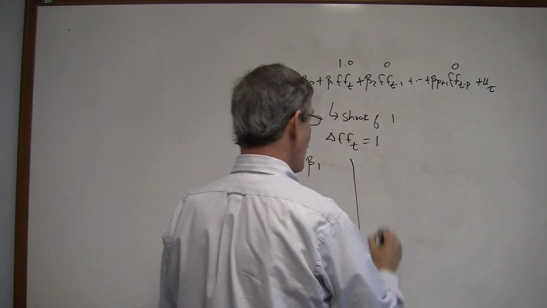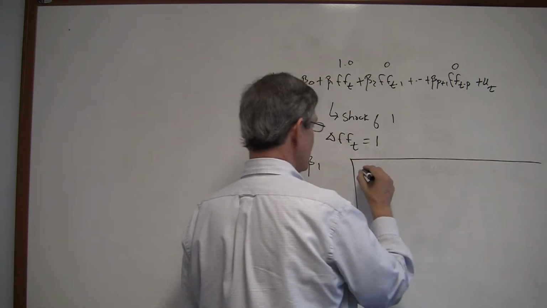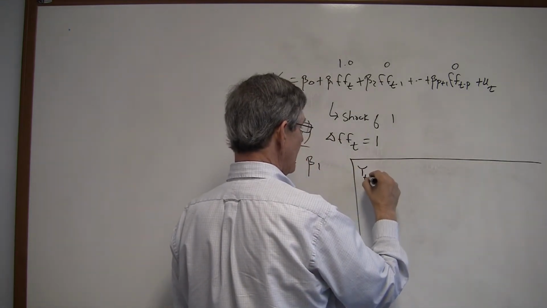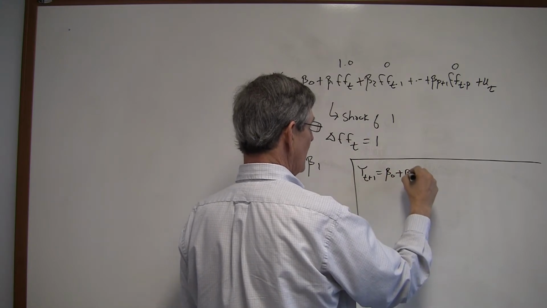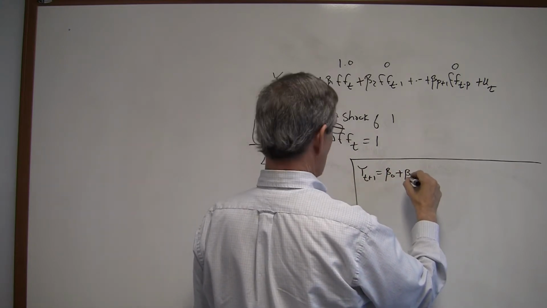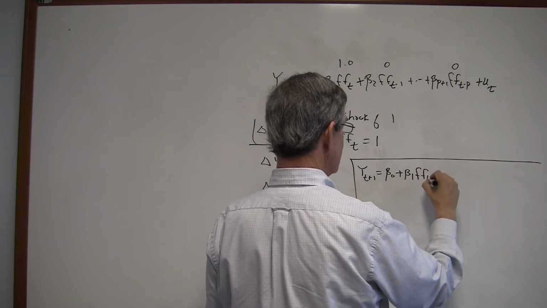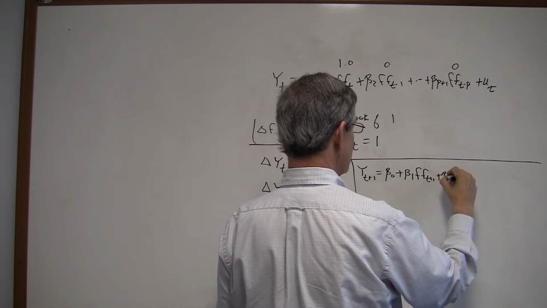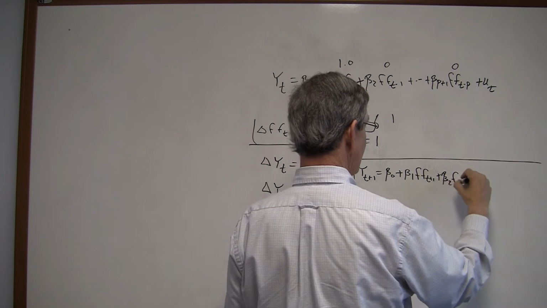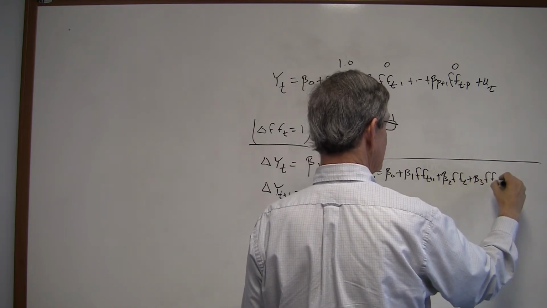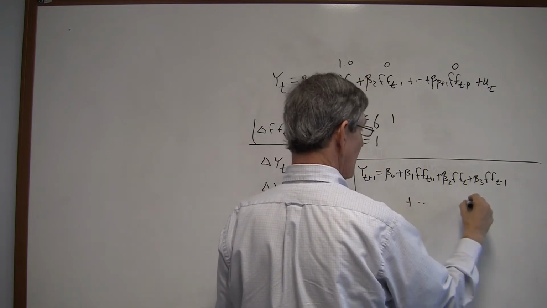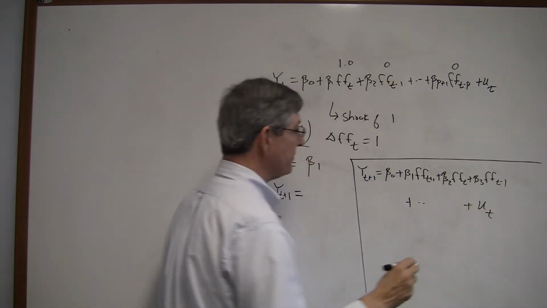Well, think of what the model would be in that case. You would have yt plus 1 equals beta naught plus beta 1 FFt plus 1 plus beta 2 FFt plus beta 3 FFt minus 1, and so on until you get to the error term.